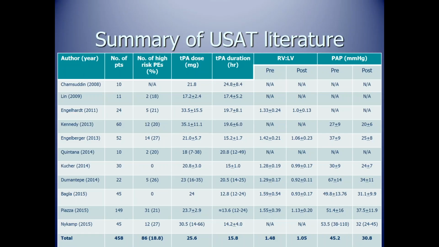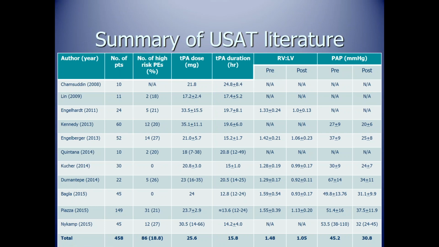So, in summarizing EKOS for PE in patients who have acute massive and submassive pulmonary embolism, really most, even from its early years to what we found in later studies, people are using around the same dose and time of infusion. Most of the patients were submassive pulmonary embolism.